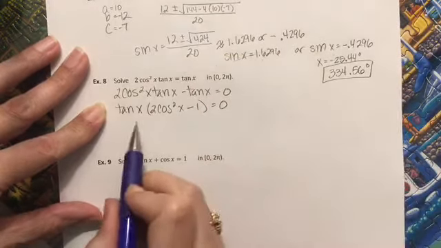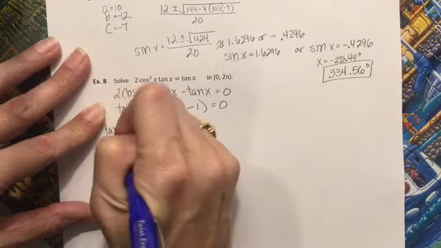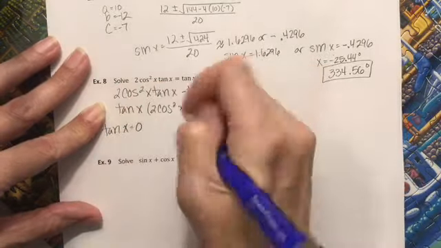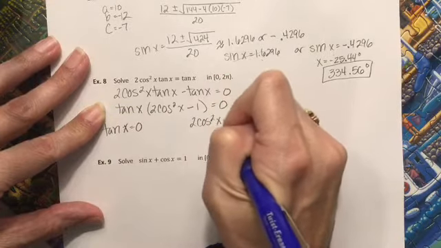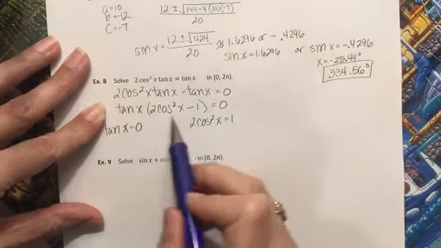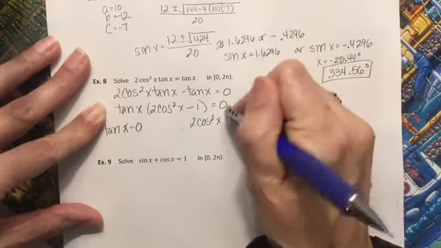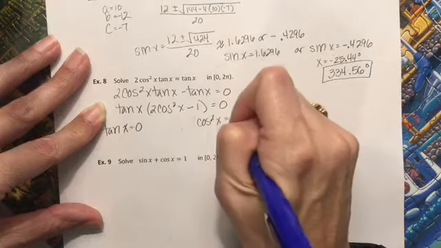So we pull that aside. So either the tangent of x equals 0, or this. And I'm going to go ahead and not waste your time. That means cosine squared must be 1/2.